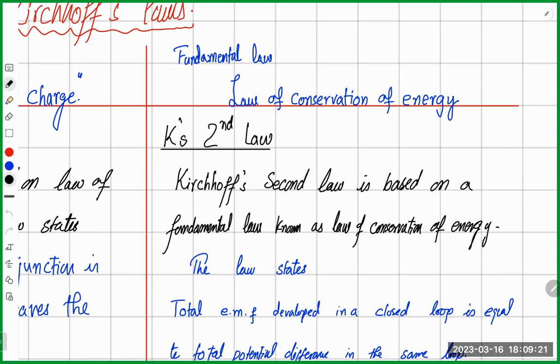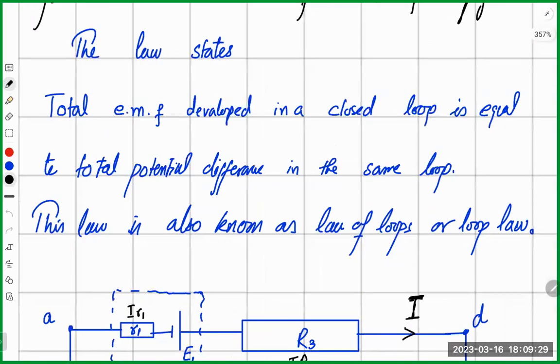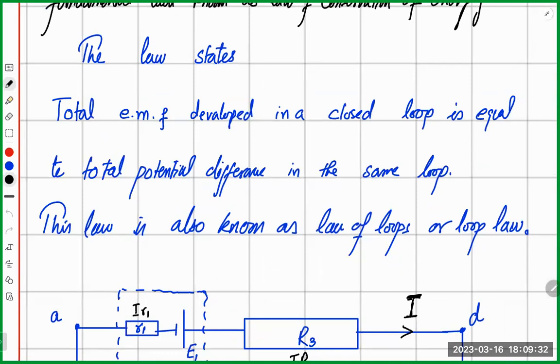Kirchhoff's second law states that total EMF developed in a closed loop is equal to total potential difference in the same loop.